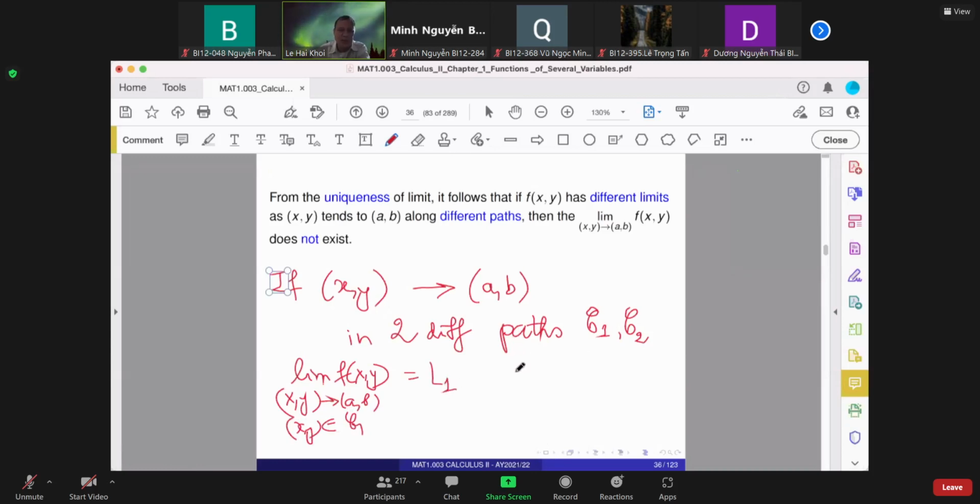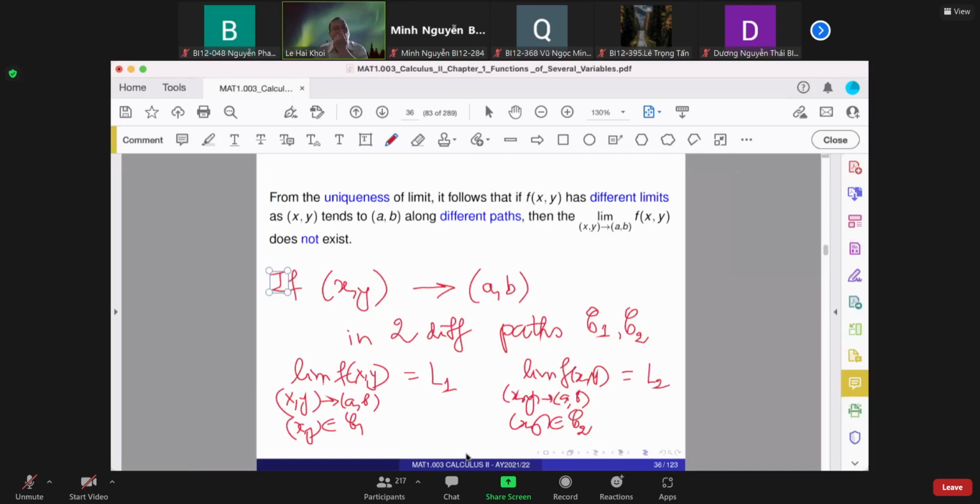Suppose you can compute it. Also, you can compute f(x, y) as (x, y) tends to (a, b), but (x, y) is along C2, and this is L2.